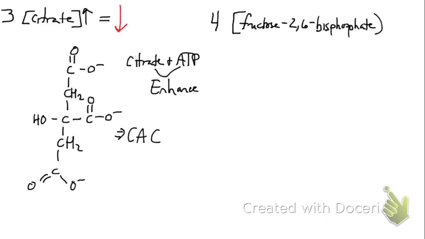I know what you're thinking. Fructose 2,6 bisphosphate. What's that? That's a separate fructose molecule that is used in other metabolic pathways, but a high level of fructose 2,6 bisphosphate is going to increase PFK1 activity. And so it's a positive modulator.